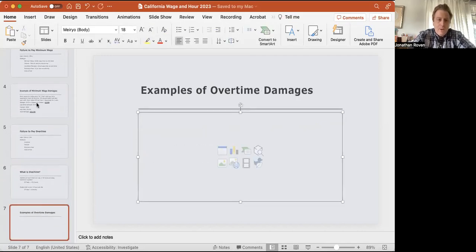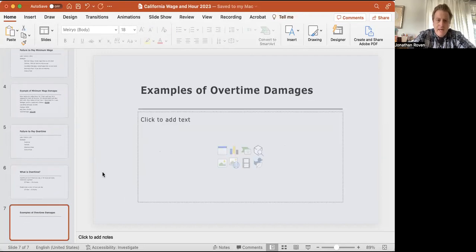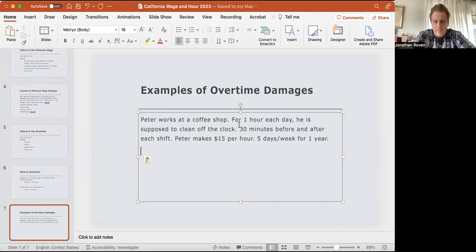And so we're going to go through an overtime calculation. Let's say we change it to an 8-hour shift. So now he has 1 hour of unpaid overtime every day.